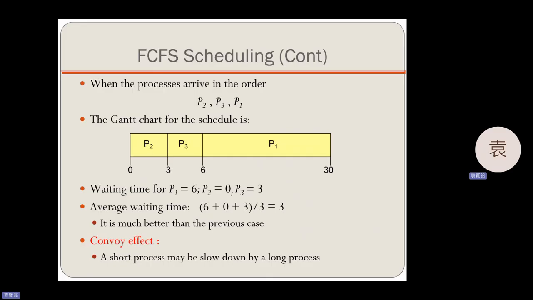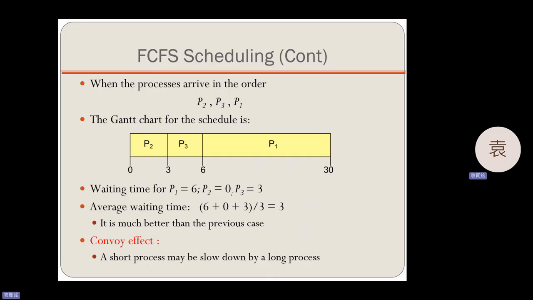Then for first come first serve scheduling, P2 will be scheduled immediately, then at time unit 3, P3 will be scheduled, and then at time unit 6, P1 will be scheduled. So the waiting time for P1 will be 6, P2 will be 0, P3 will be 3, and the average waiting time will be 6 plus 0 plus 3 divided by 3, which is 3.